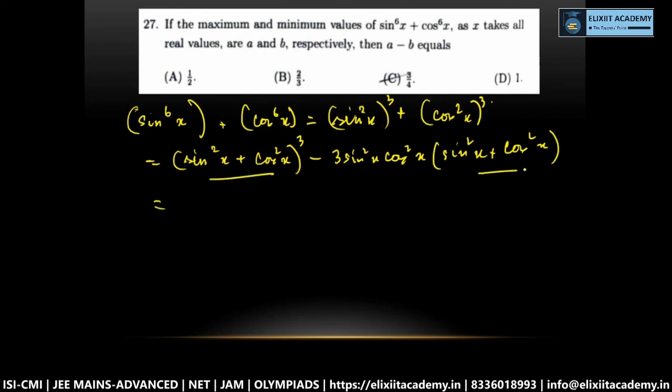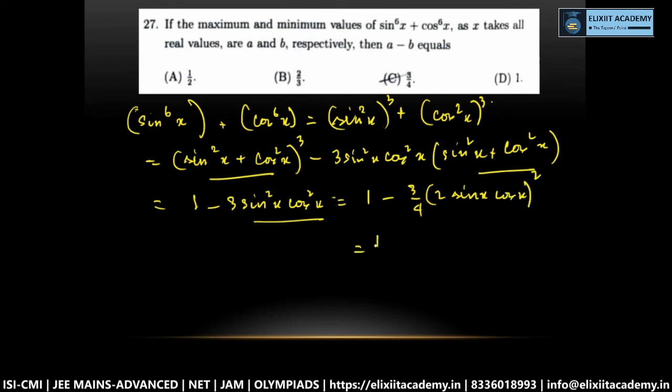So this is 1, this is 1. Ultimately we are left with 1 minus 3 sine square x cos square x. To simplify this, let's take a 4 here. So this becomes 2 sine x cos x whole square. So this is 1 minus 3 by 4 into sine 2x whole square.